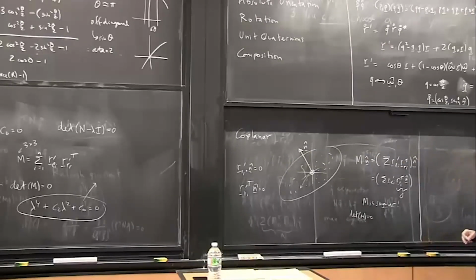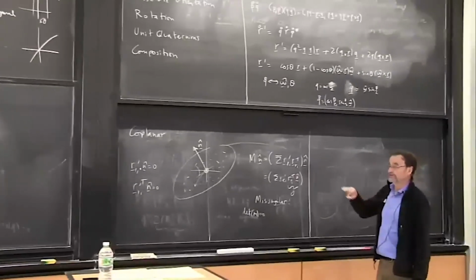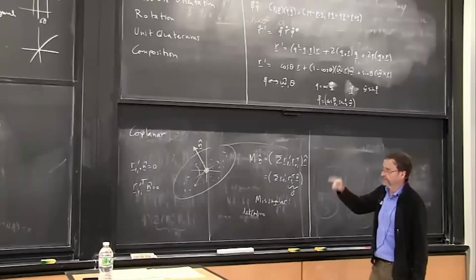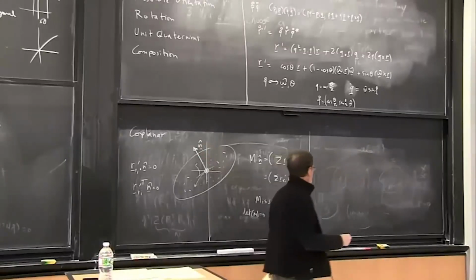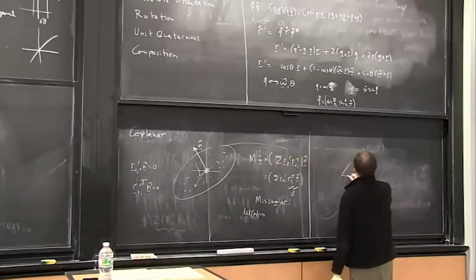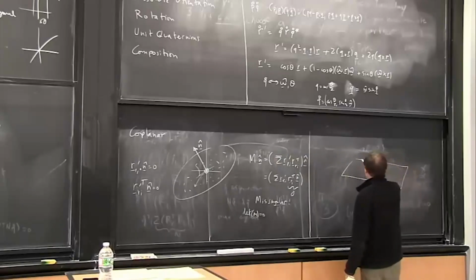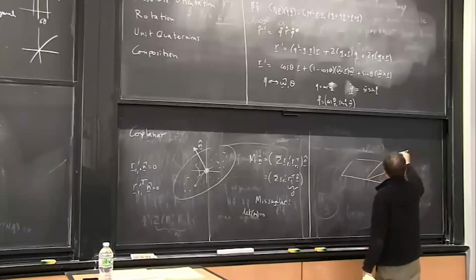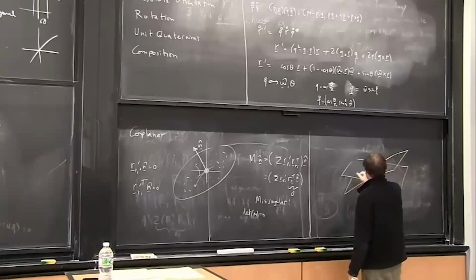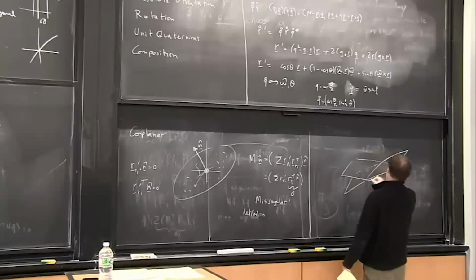Suppose that things are nice and both are coplanar, both the left-hand cloud of points and the right-hand cloud of points. So I can draw these two planes. So here's one plane. All of the points in the left-hand coordinate system are in one plane. All of the right-hand ones are in this other plane. Not a particularly good drawing.